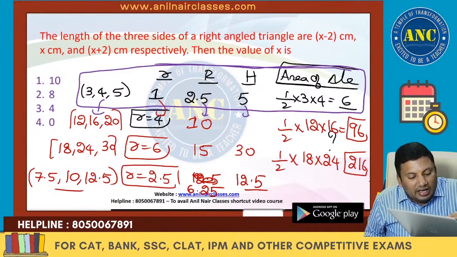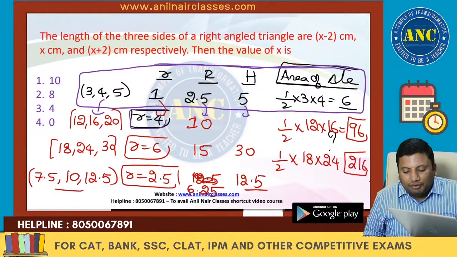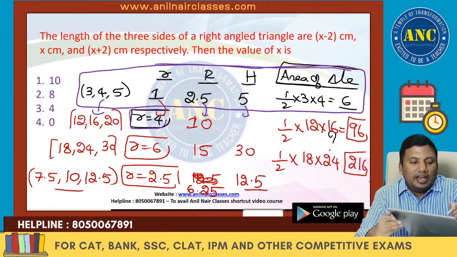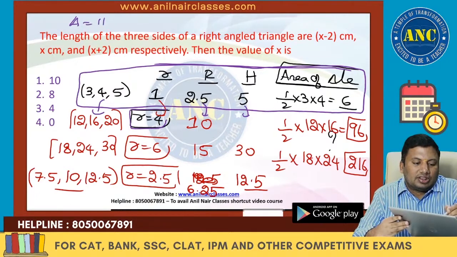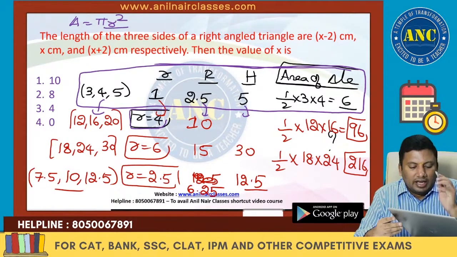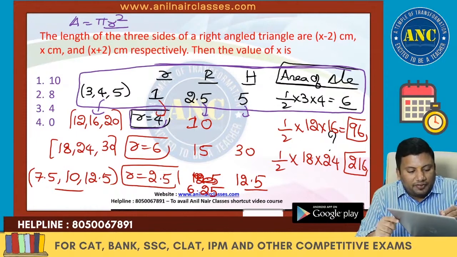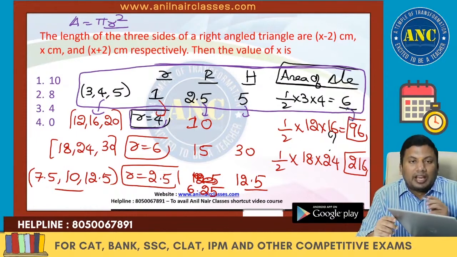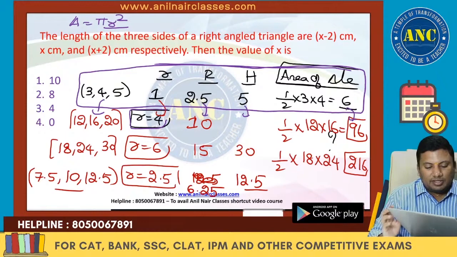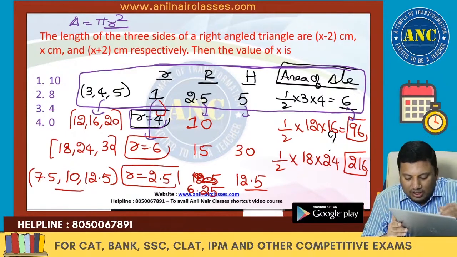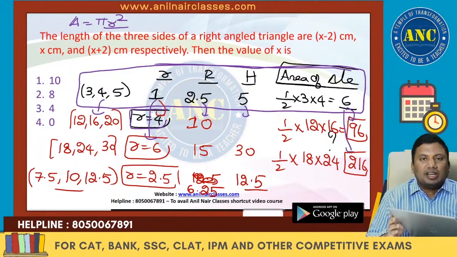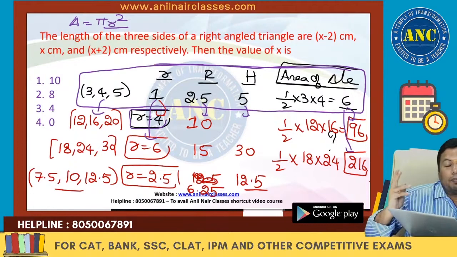If the inradius is 4 times, observe that the area of a circle is pi r square.